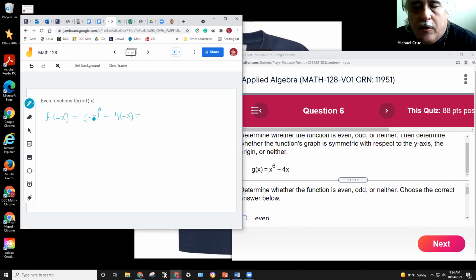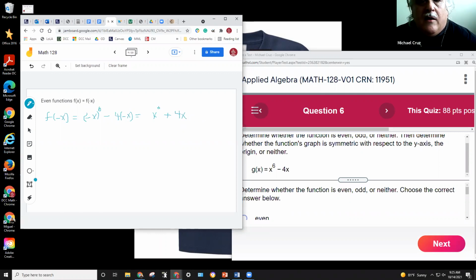See, now this one, because it's an even power, that thing is still going to be positive x to the 6th. And this right here is an odd power. So that negative x is just going to multiply that. So you got plus 4x. And you see that they're not even.